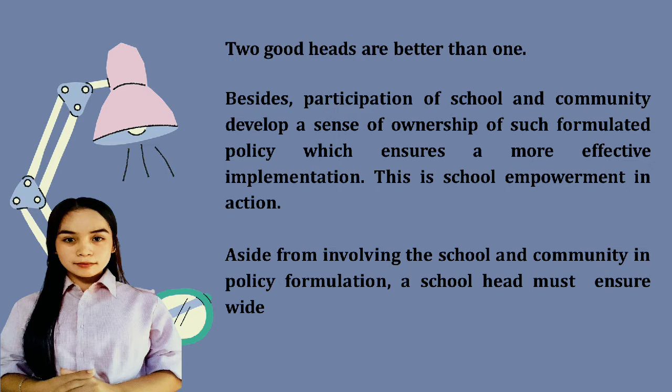Aside from involving the school and community in policy formulation, our role as school head must ensure wide dissemination and a correct and clear understanding of the policy. Why does a school head need to ensure the policy is correct and understandable? Basically, to make the policy more effective and wholesome.